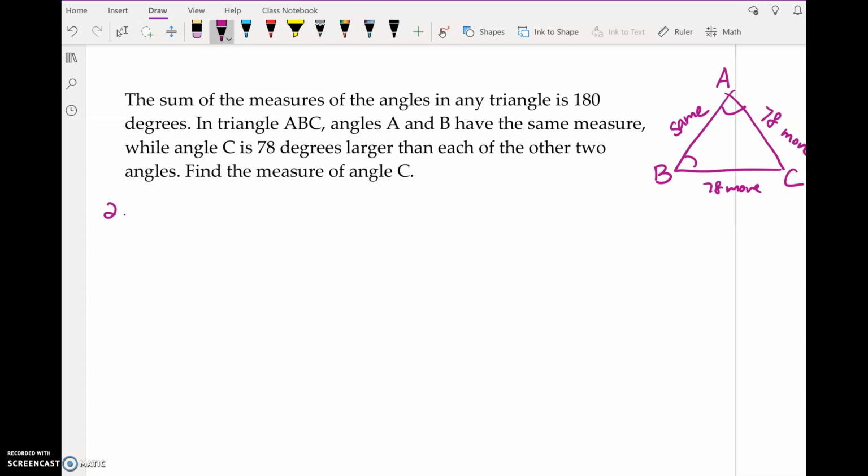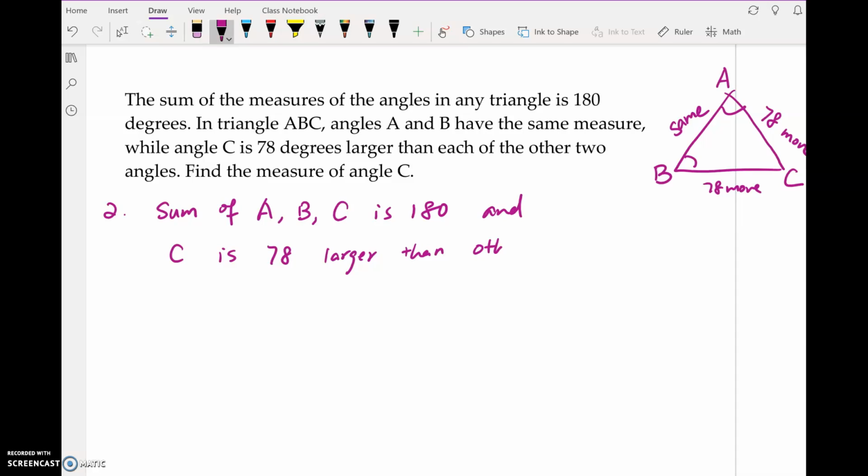So we have 2 sentences. The sum of the angles is going to be 180. And then we have a second relation, which is C is 78 larger than the others.